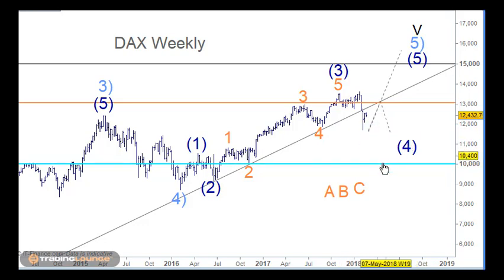So at this stage here, we would need to look at this move down here, this A, B and C here as just the A wave here, and then we would need to look for a B wave coming here, and then a C wave coming into this space here, and then moving up from there. So a little bit of a round the bush and down the block sort of thing.